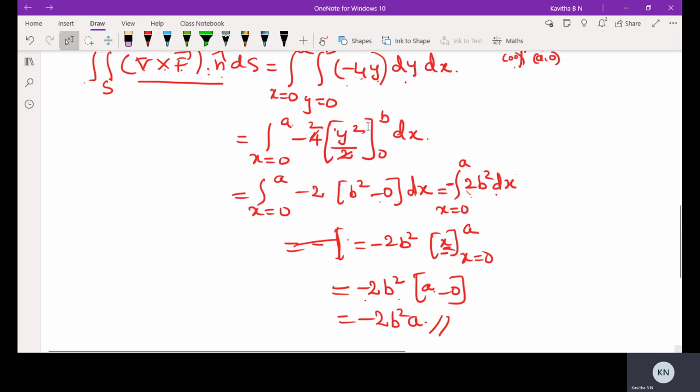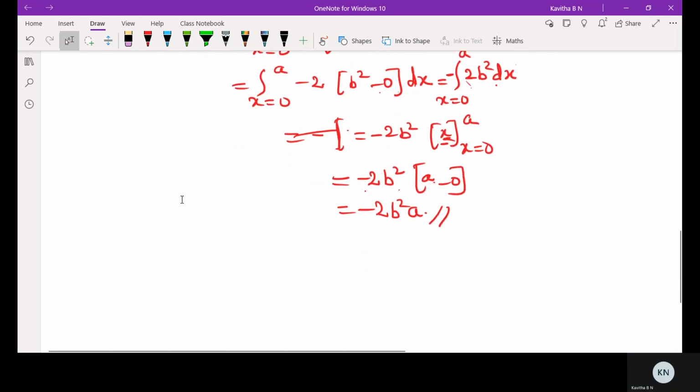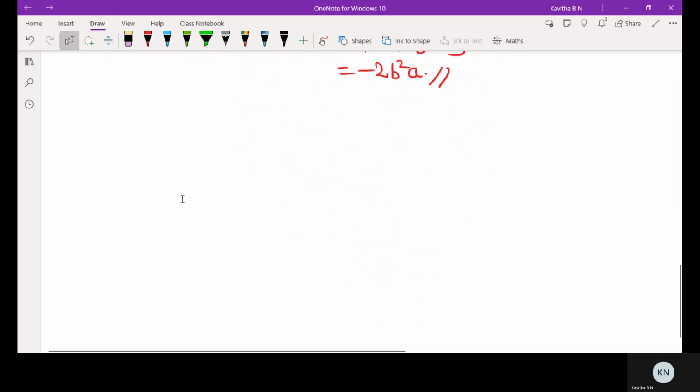Then we will solve one more problem. Take down the second problem.